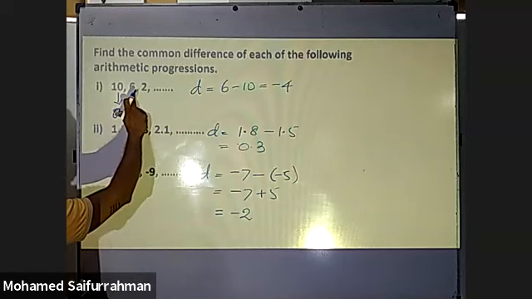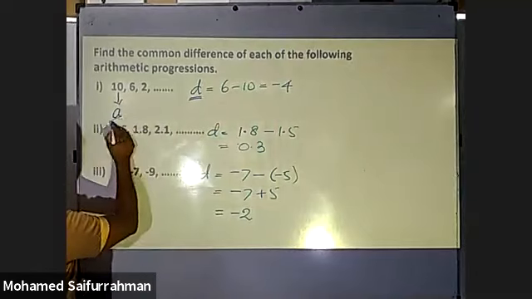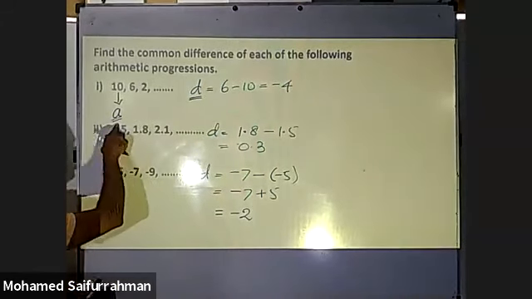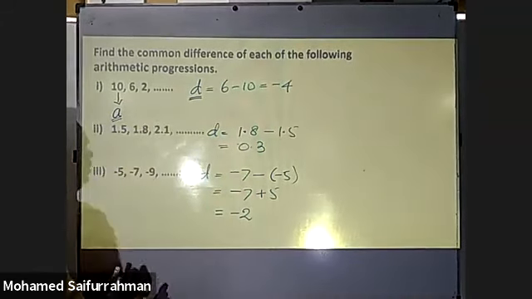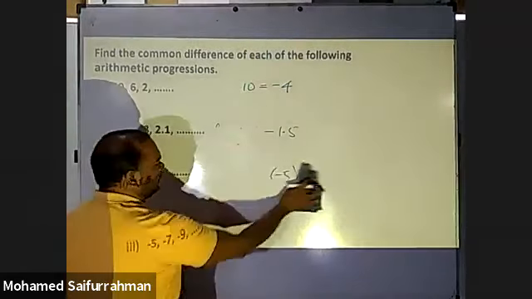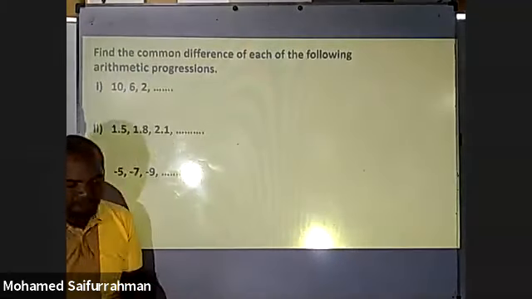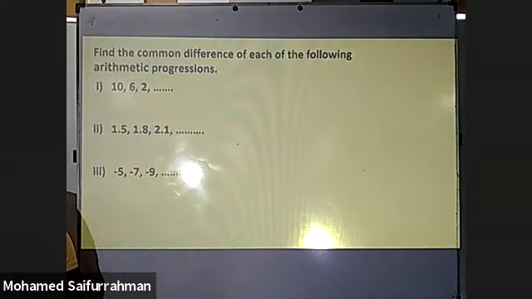This is the second term, third term, and the common difference is D. First term is A, common difference is D. That is the ordinary method of representing an arithmetic progression in symbolic form.